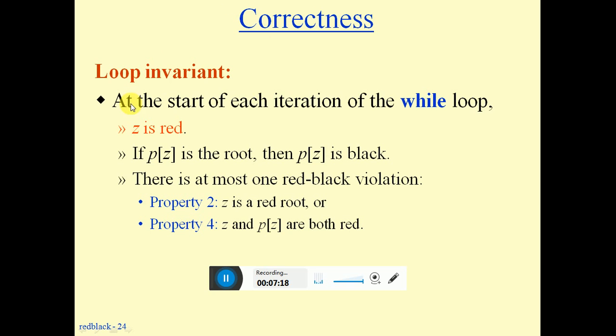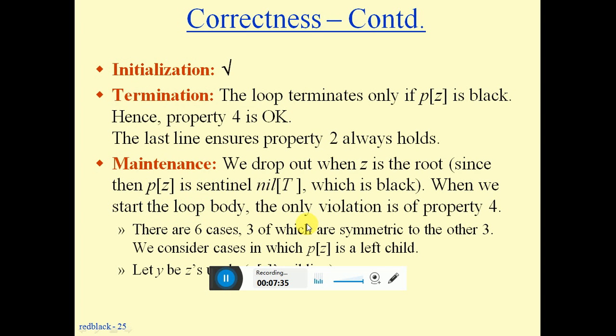Loop invariant: at the start of each iteration of the while loop, z is red, and if p of z is the root, then p of z is black. There is at most one red-black violation: either property 2, where z is a red root, or property 4, where z and p of z are both red.